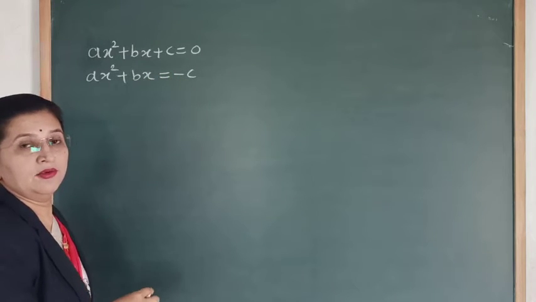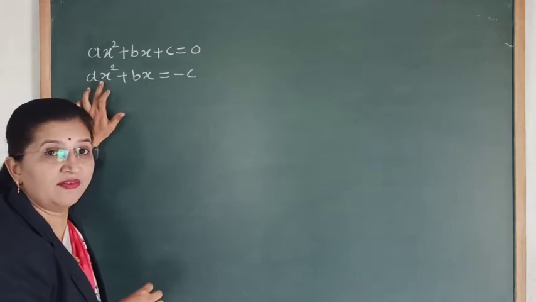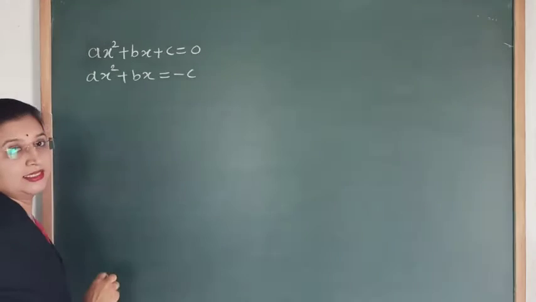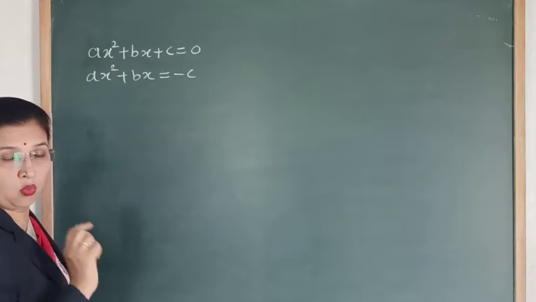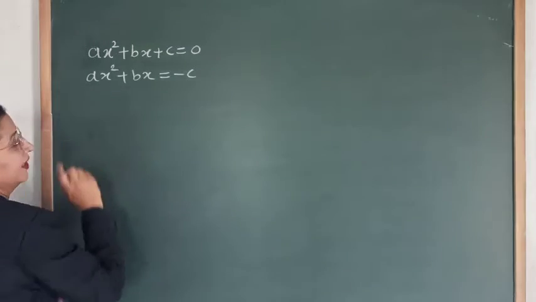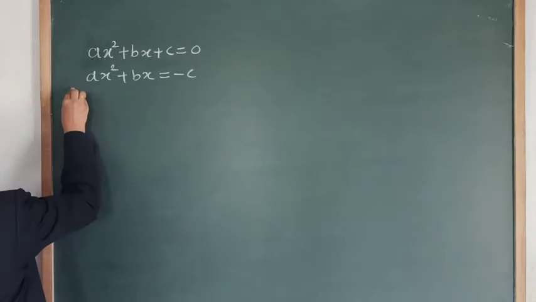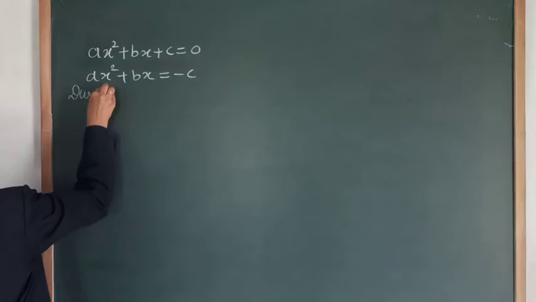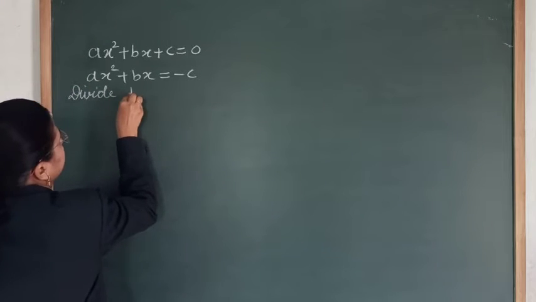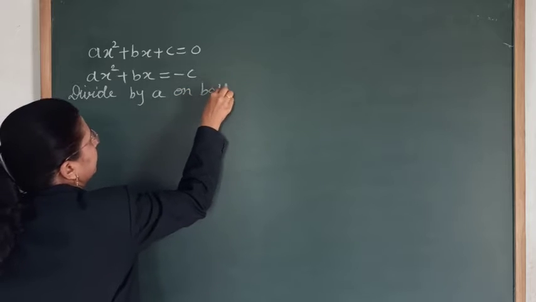Then we know that we have to make the coefficient of x square as 1. Now here the coefficient of x square is a, so we have to make it 1. So how can we cancel that? That will cancel by dividing this equation by a on both sides. So let's divide by a on both sides.